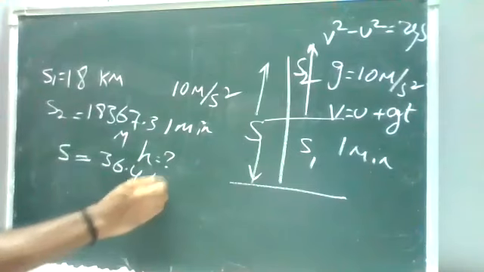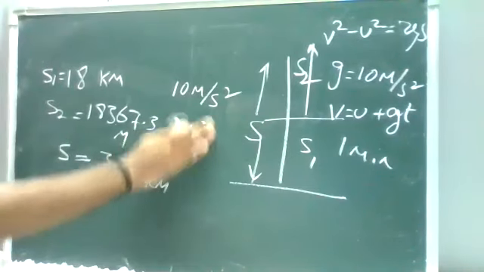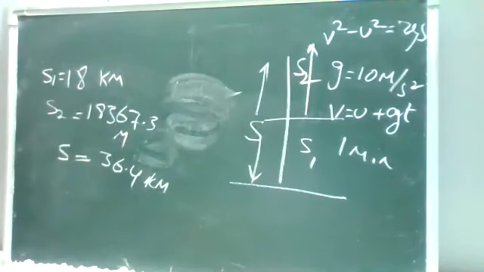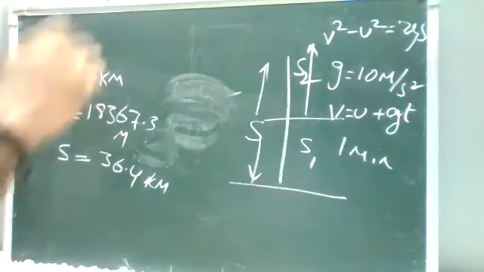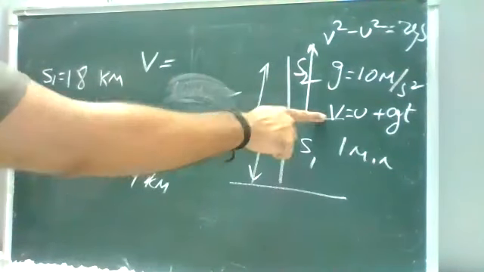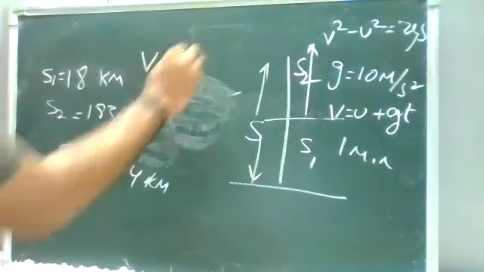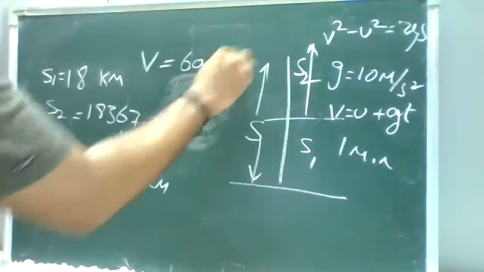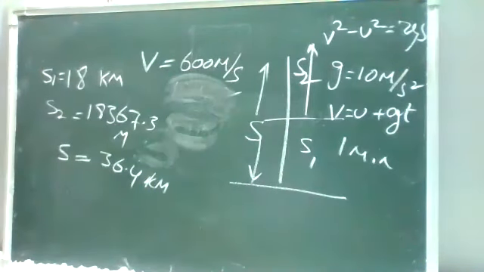The velocity with which it was moving, v, is 600 meter per second. So these are your values. Note them, try, and tomorrow tell me about this one.